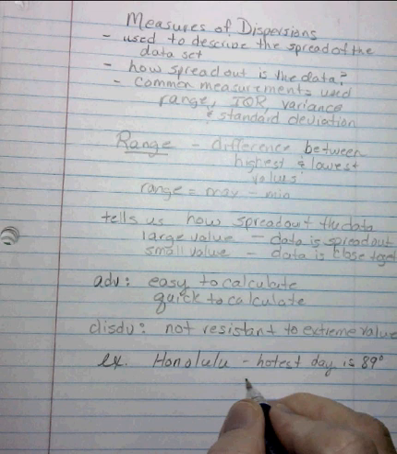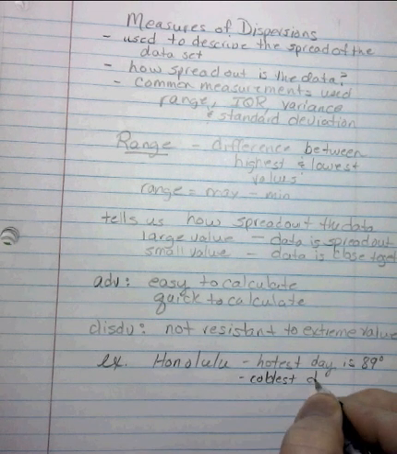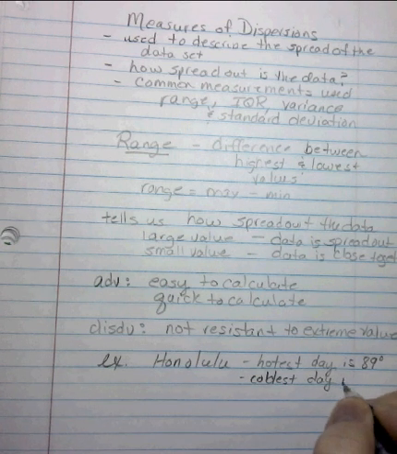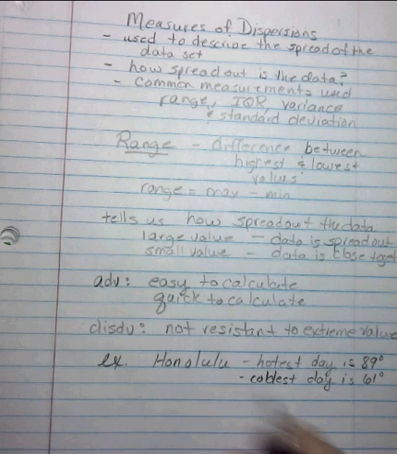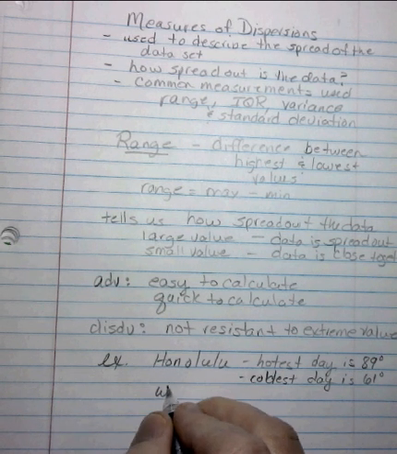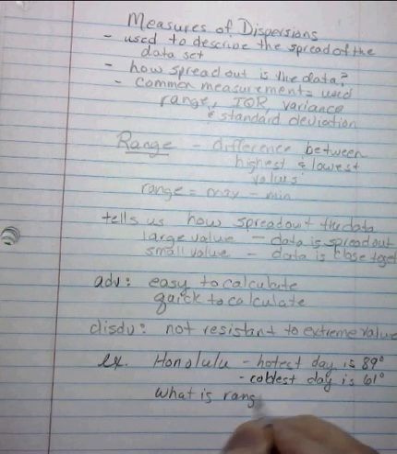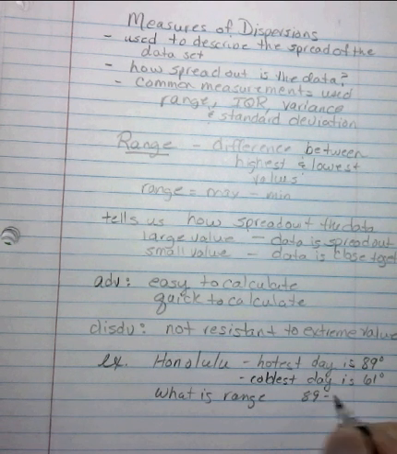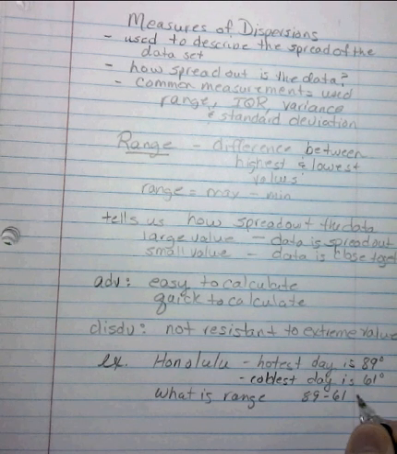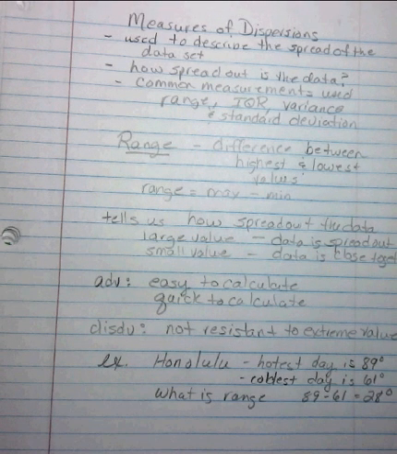And the coldest day, the temperature was 61 degrees Fahrenheit. So we want to figure out what is the range. We're simply going to do 89 minus 61, and that tells us that the range is 28 degrees.